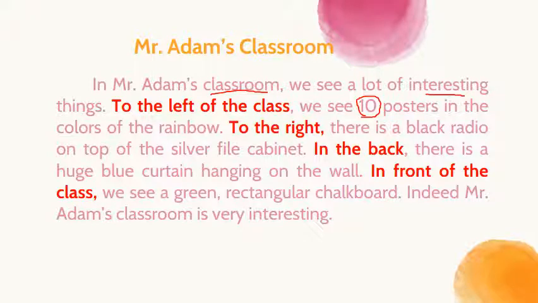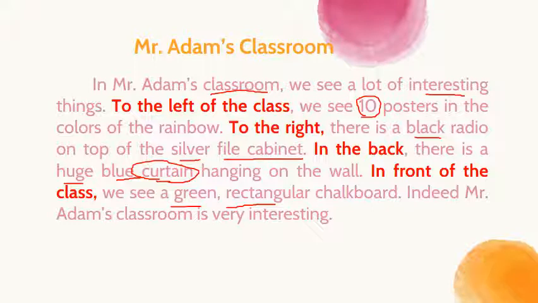To the right, there is a black radio, he specified black radio, on the top of the silver file cabinet. In the back, there is a huge blue curtain hanging on the wall. In the front of the class, we see a green rectangular chalkboard. So if you notice that here in the middle, he described everything in the classroom.